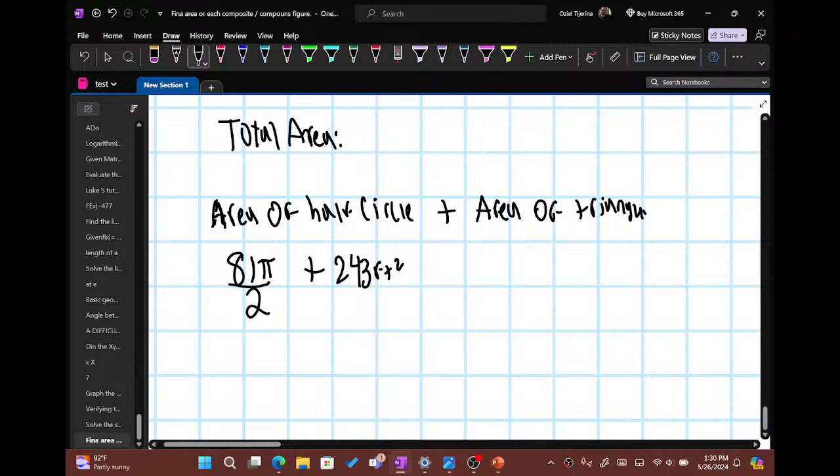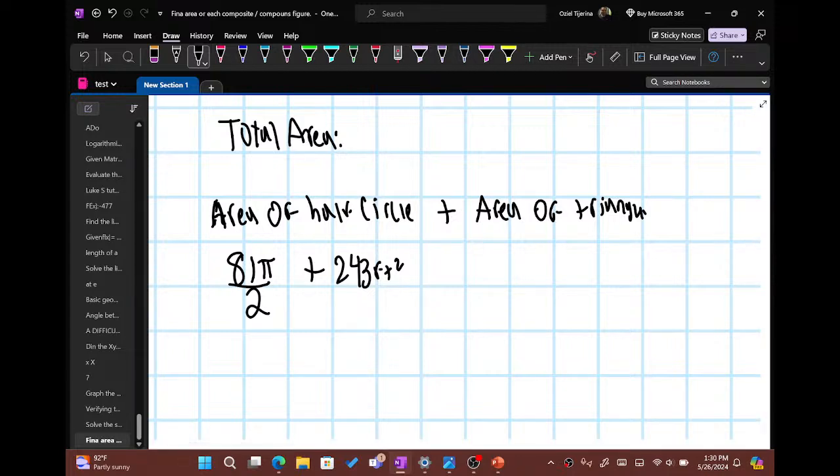Let's approximate this expression. You can approximate the 81 pi over 2 as well, and then just add it to the 243. But we're just going to put this entire thing into the calculator and then see what it is.